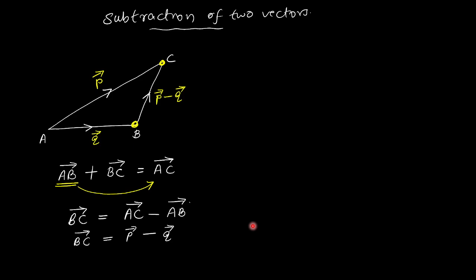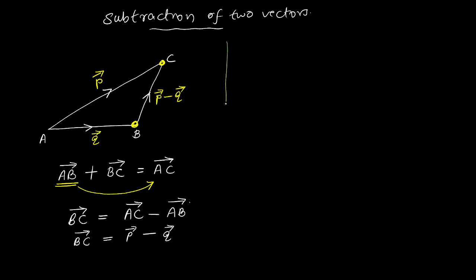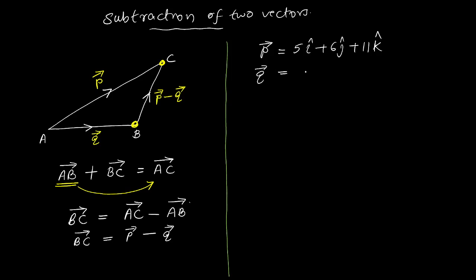If you are okay, 100% clear, raise your hand. And if the vectors are given in terms of i, j, k, we don't need any diagram. P is given to us, Q is given to us.